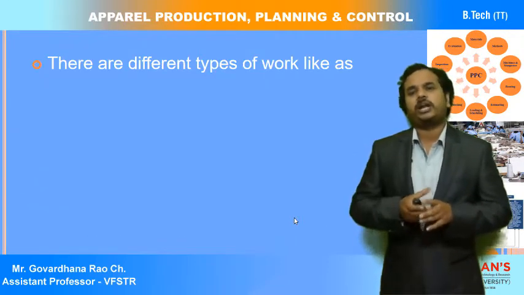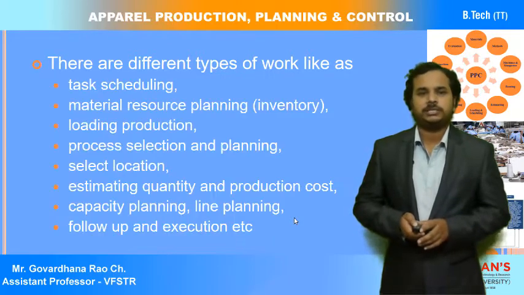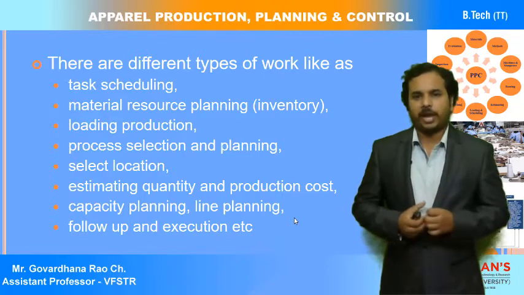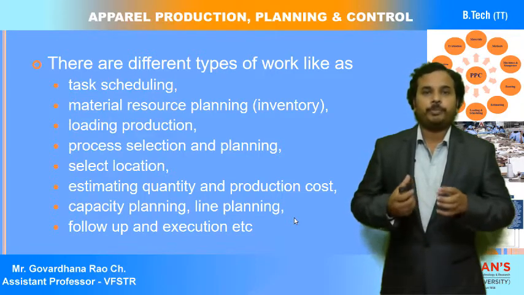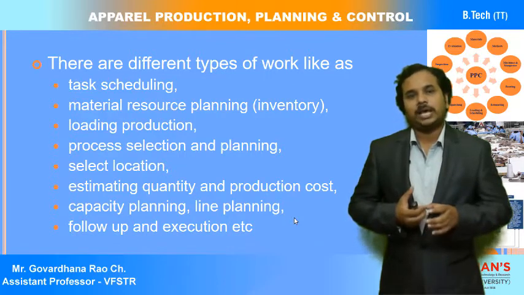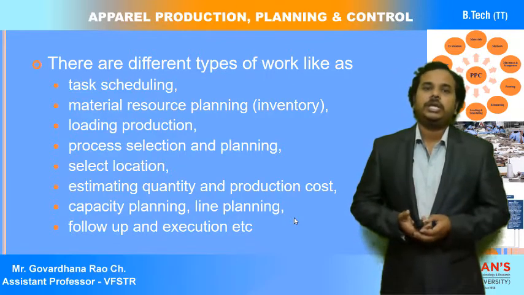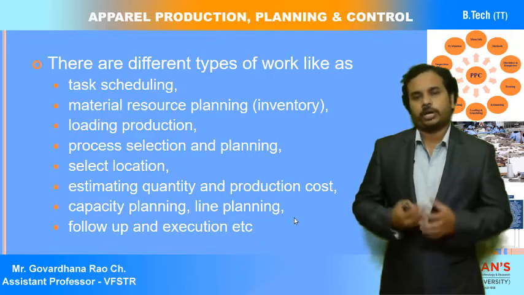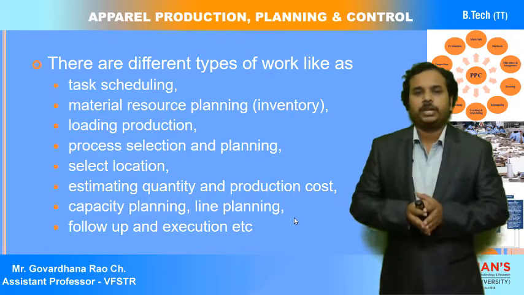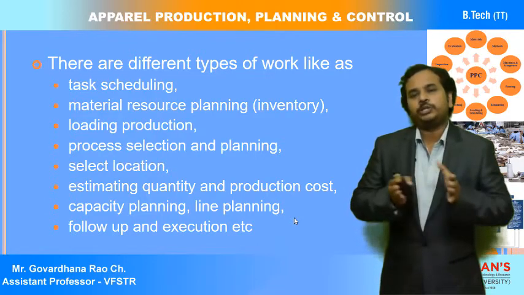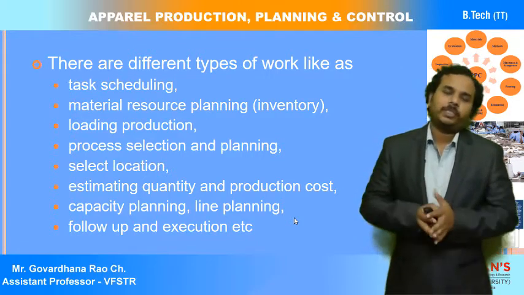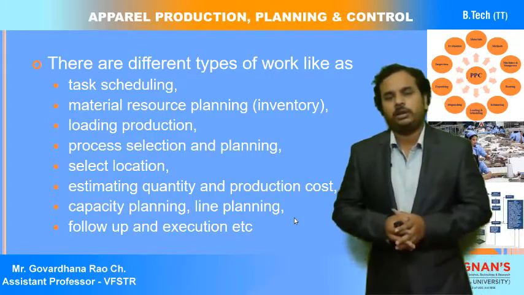There are different types of work like task scheduling, material resource planning, loading, production process selection and planning, selecting location, estimating the quality and production cost, capacity planning and line planning, and follow-up and execution in the departments. Scheduling is also a major thing.